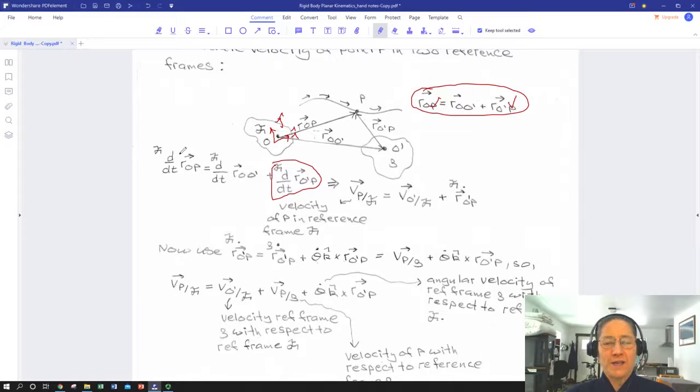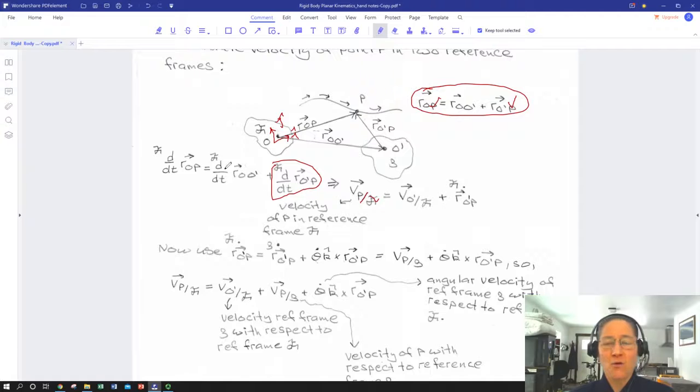So we can kind of rename these. If I'm looking at the time rate of change of this vector from the standpoint of what's effectively its own reference frame, well, that's just the velocity of P with respect to reference frame F. That's what the slash F is.